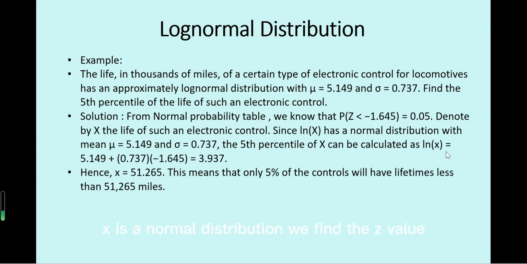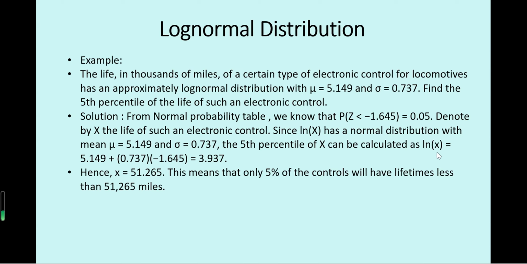Because log X is a normal distribution, we find the z value, so we can get log X equals mu plus this z value times sigma, which equals 3.937.